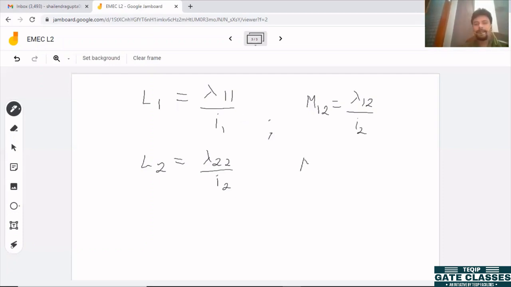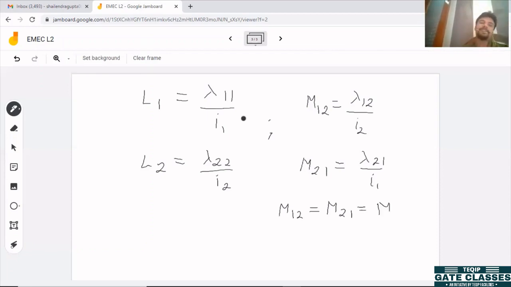And mutual inductance M21 can be written as lambda 21 divided by current I1, because I1 is generating the flux linking with the second coil. And due to the symmetry from both sides, M12 can be taken as equal to M21 equal to M.